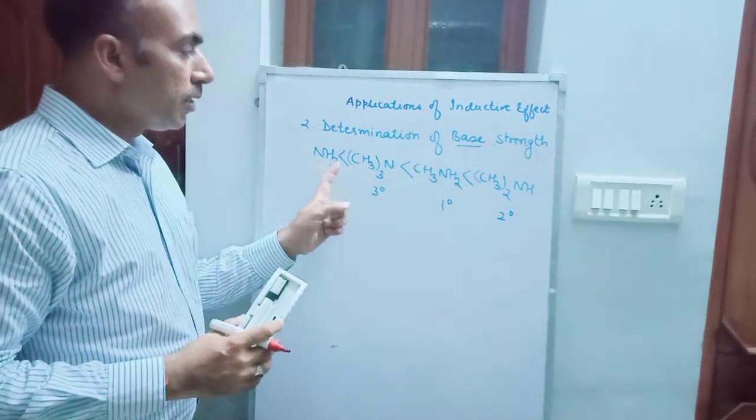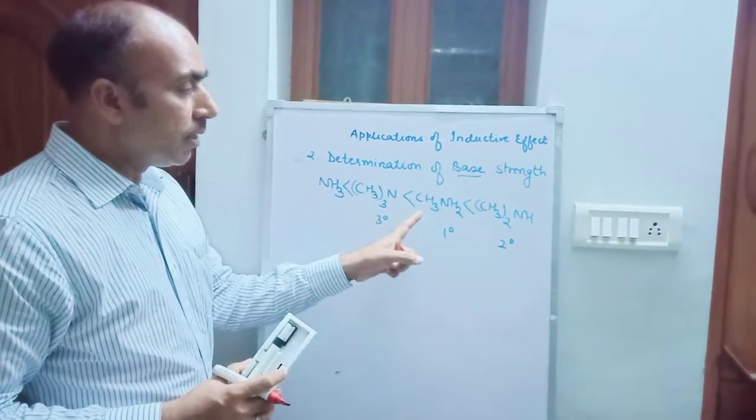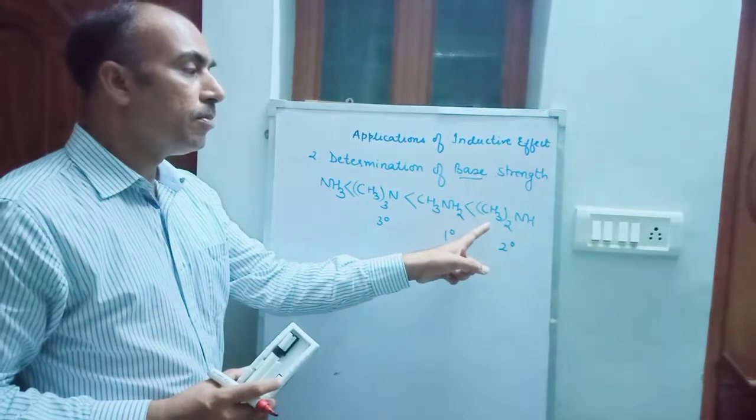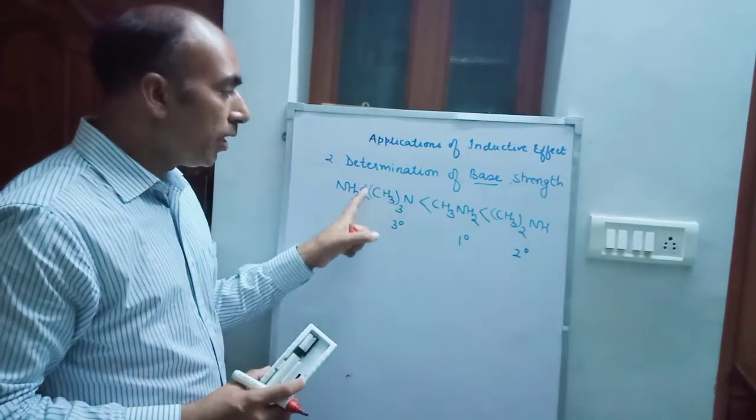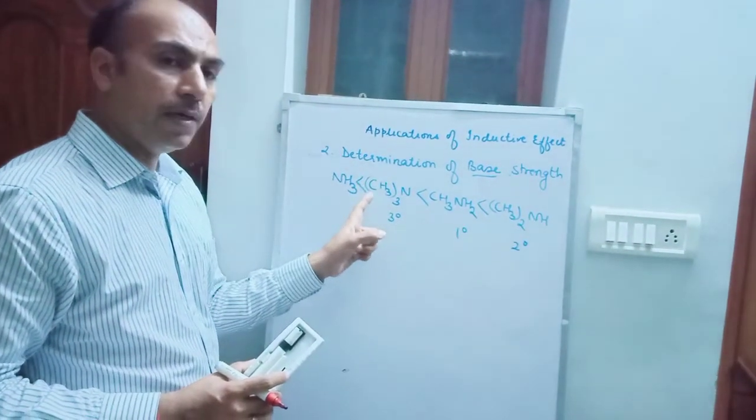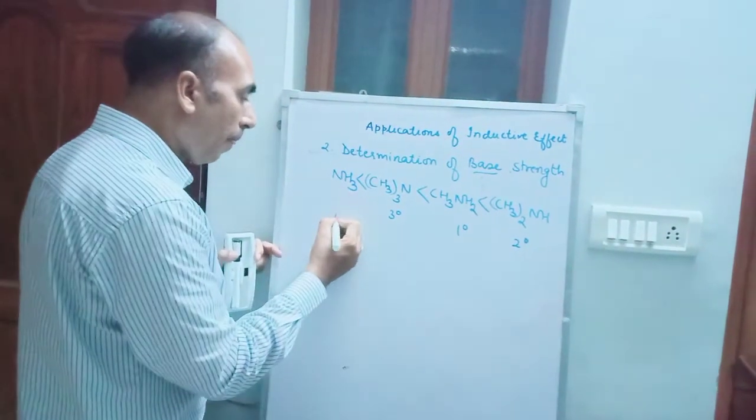Tertiary amine is more basic than ammonia, and more than that is primary amine, and secondary amine being most basic. And due to steric reason, the tertiary has come to the lower side. In case of ethyl, this is the order.